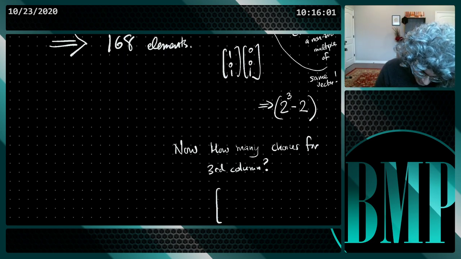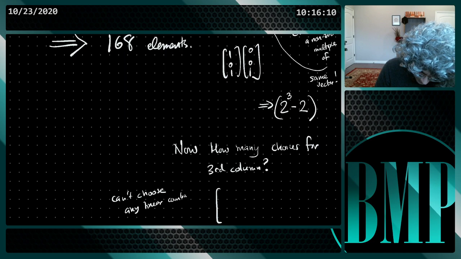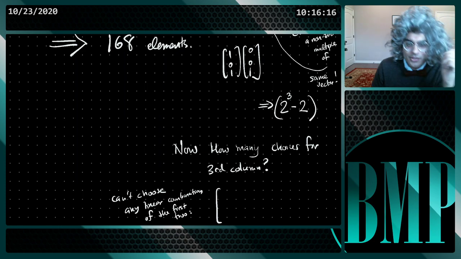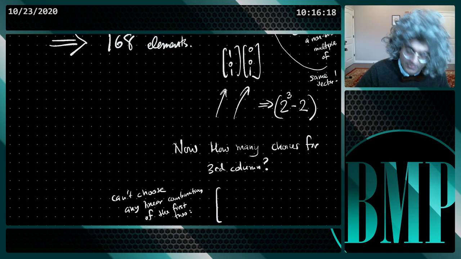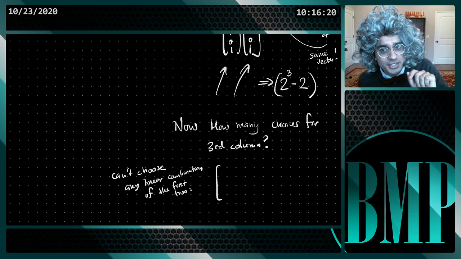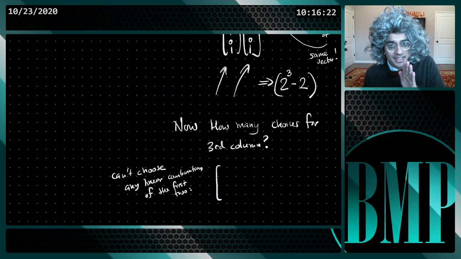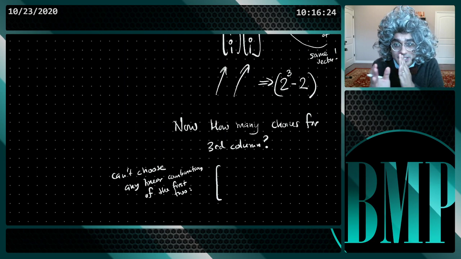So you can't choose any linear combination of the first two. But how many linear combinations are there? This is simple. The coefficients are either 0 or 1.